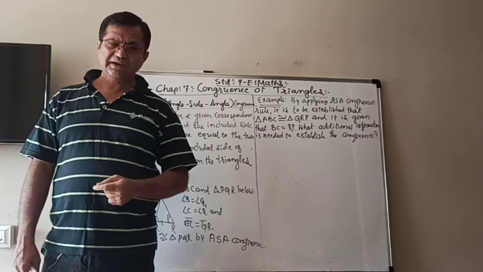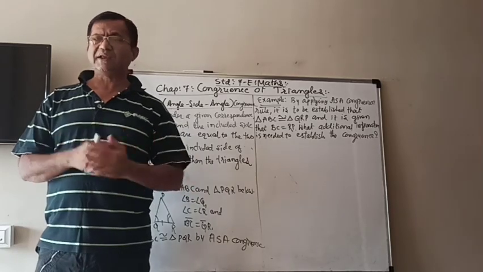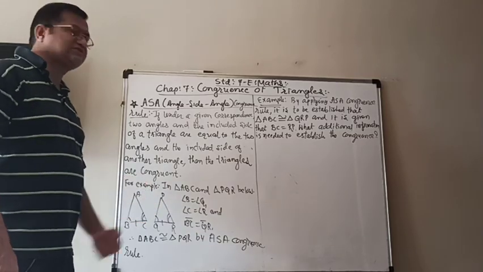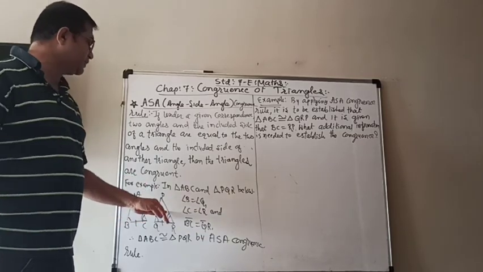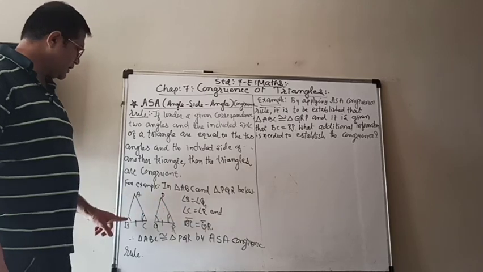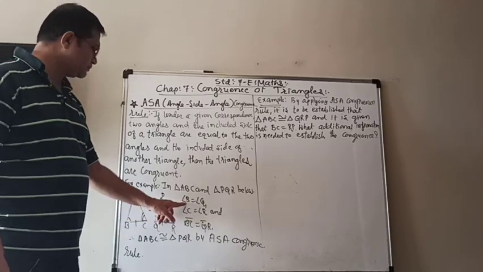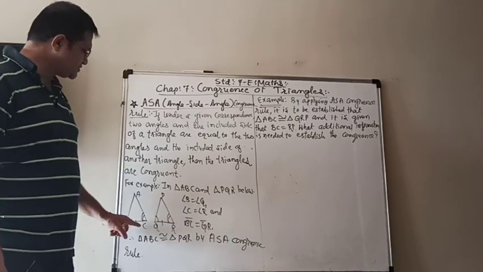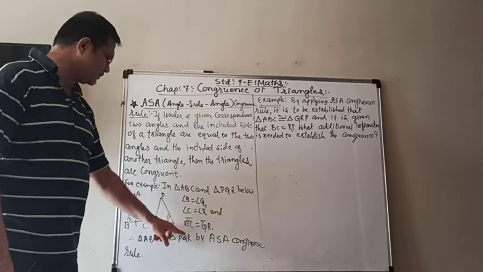Let us understand by taking a particular example. Look here, I took two triangles, triangle ABC and triangle PQR, in which angle B and angle Q are equal, angle C and angle R are equal, and the included side BC and QR are also equal.